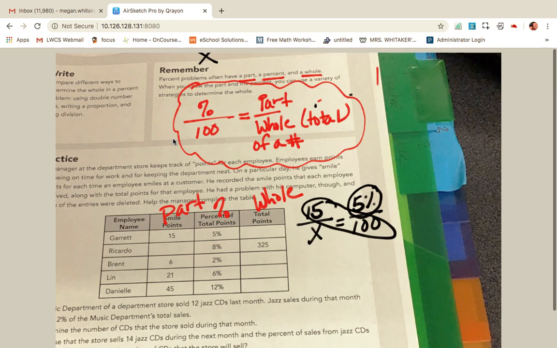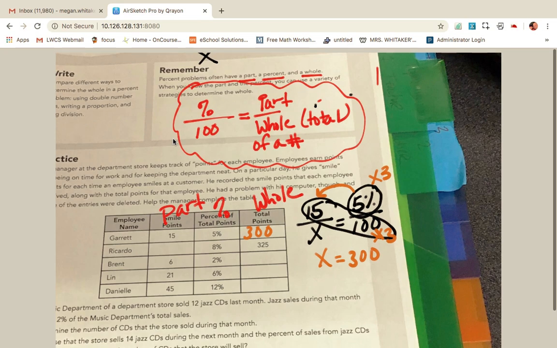But here, how many times can 5 go into 15? 3 times. So if I do times 3 on the top, I also do times 3 on the bottom. 100 times 3 is 300. So x is equal to 300, or the total is 300.